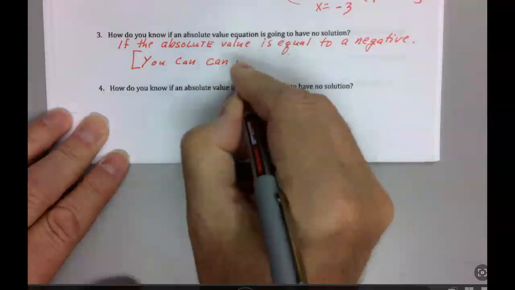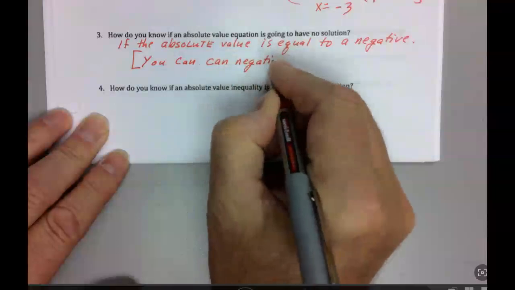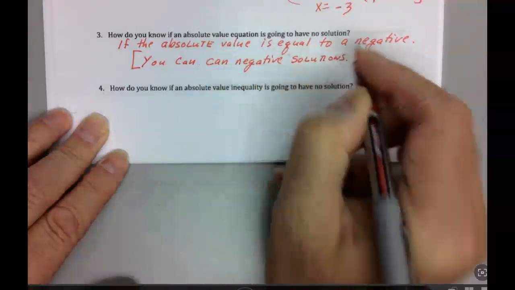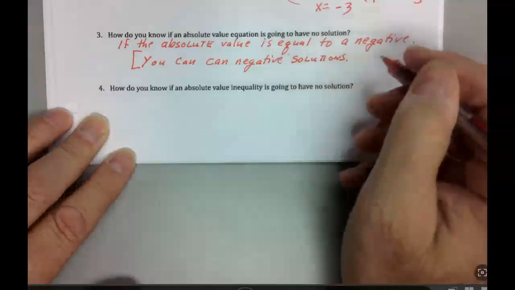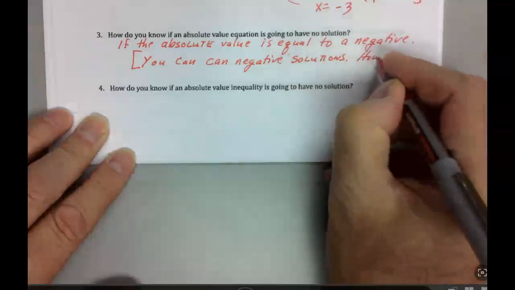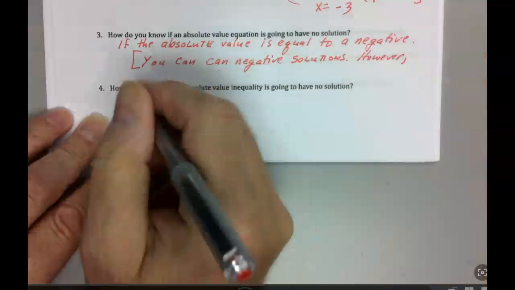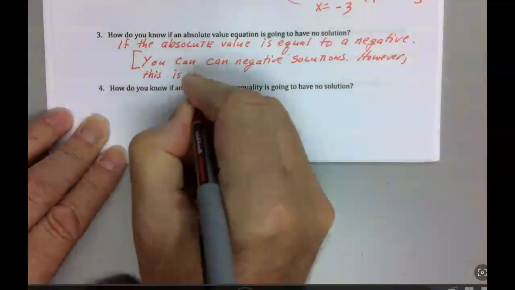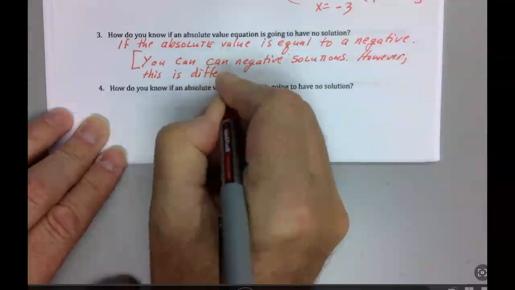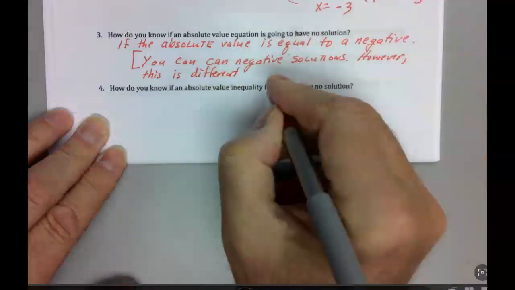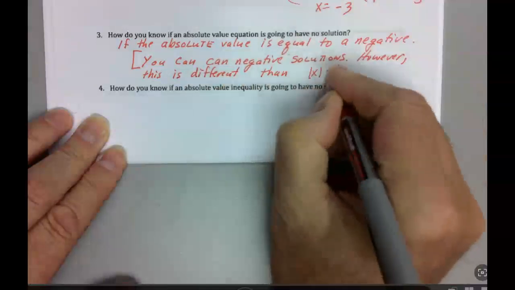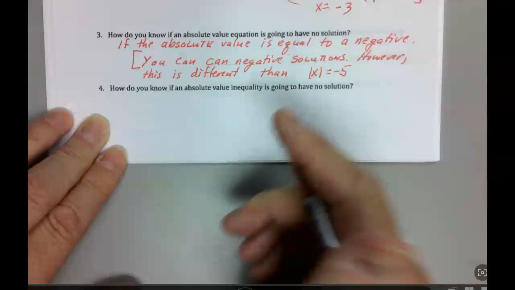You can have negative solutions, however, this is different than, for example, the absolute value of x equals -5, for example.